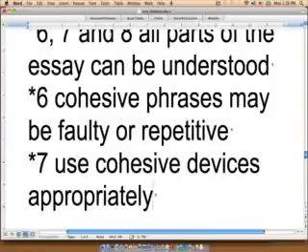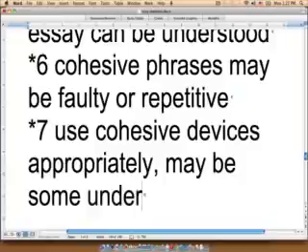And as you'll see on the descriptors chart, they say that there may be some underuse or some overuse of cohesive devices. So that's the first thing that distinguishes a band 7. Their ability to use cohesive devices is pretty good.